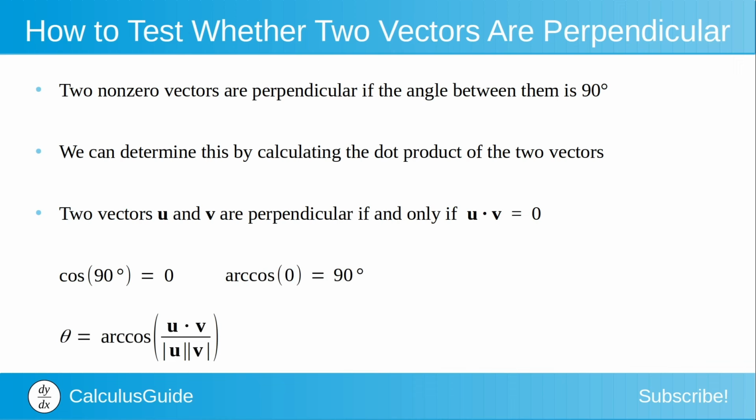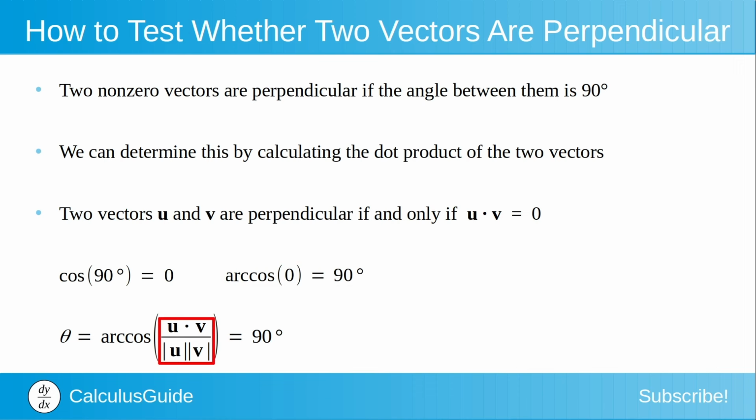The angle theta between two vectors u and v is equal to the arc cosine of u dot v divided by the length of the vector u multiplied by the length of the vector v. Because the arc cosine of 0 is equal to 90 degrees, the angle theta between u and v will be equal to 90 degrees when this value highlighted in red is equal to 0.